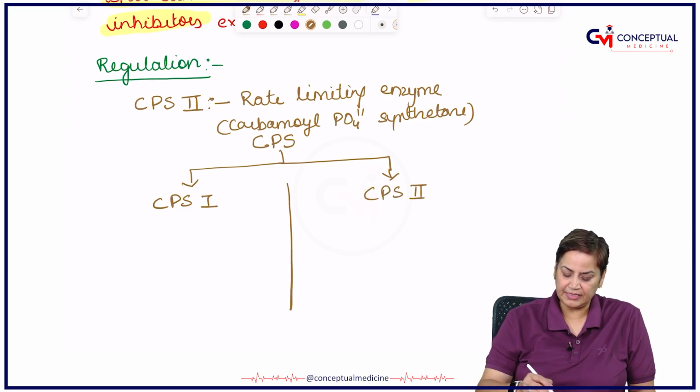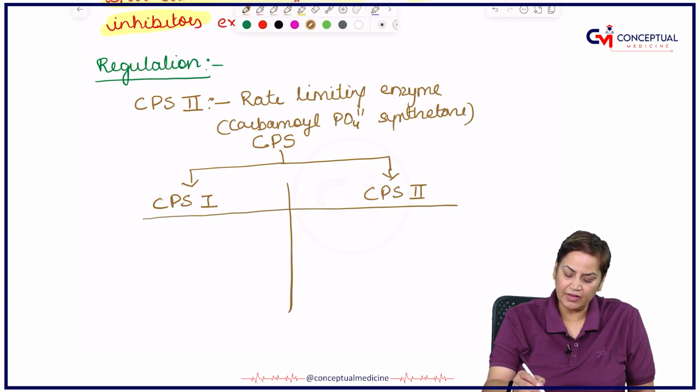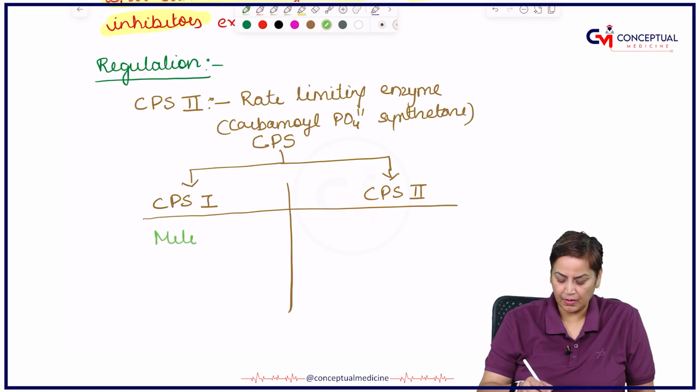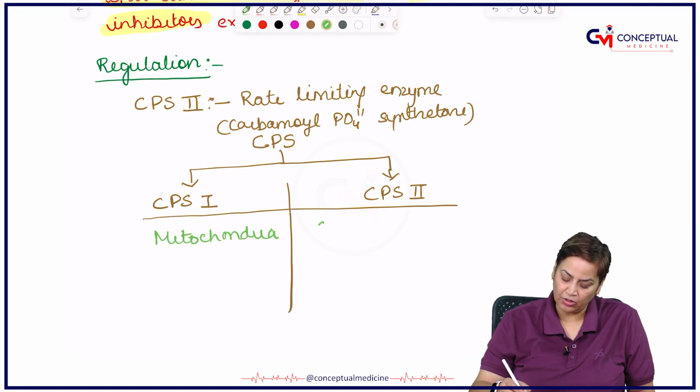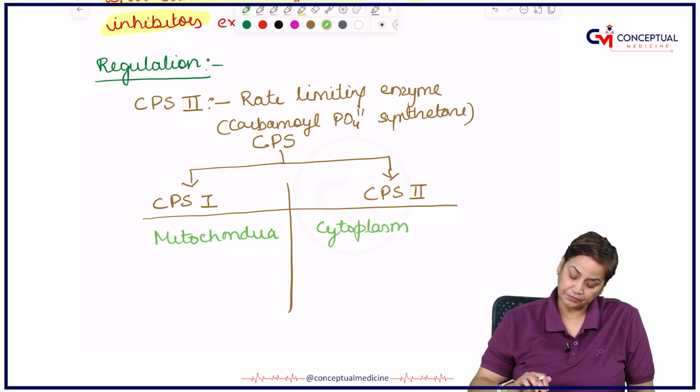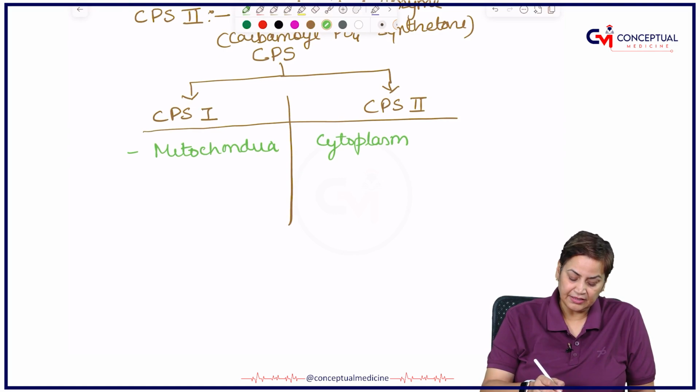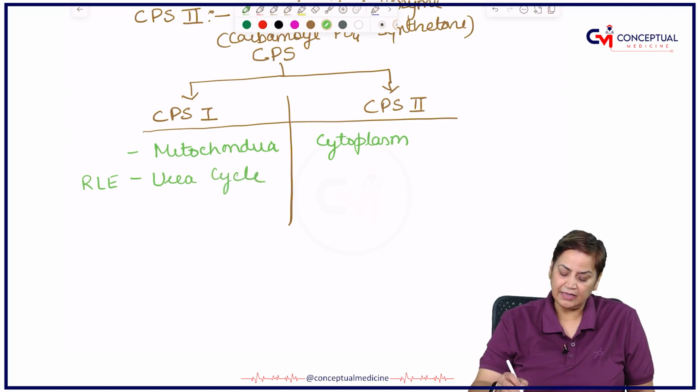Now what is the basic difference between CPS I and II? CPS I is always present in the mitochondria, whereas CPS II is always present in the cytoplasm. Second, CPS I is the rate limiting enzyme of the urea cycle, and CPS II is the rate limiting enzyme of pyrimidine biosynthesis.